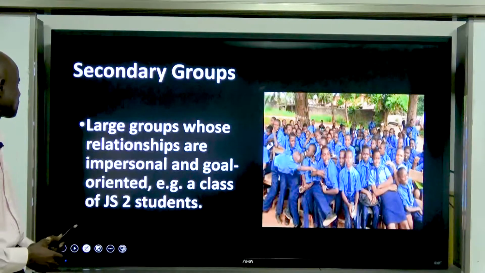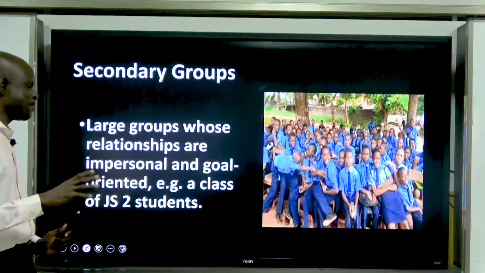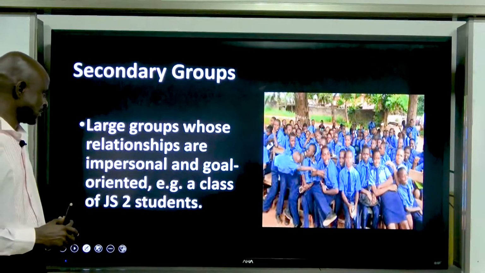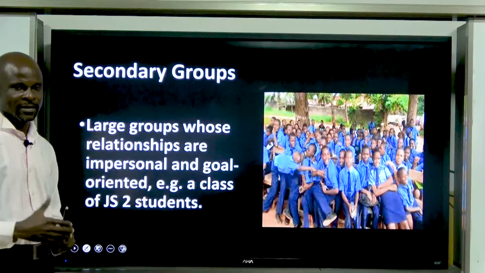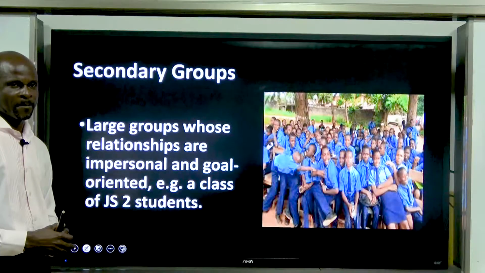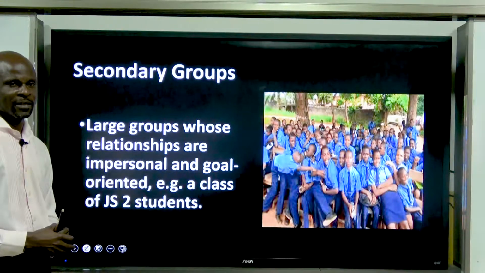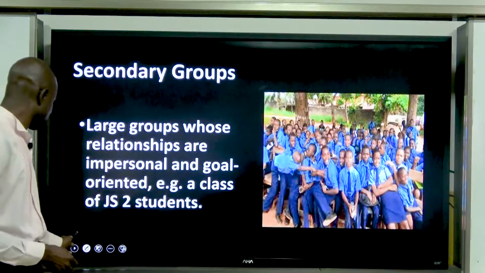Therefore, secondary groups are large groups whose relationships are impersonal and goal-oriented. Example is a class of JS students, like you have. In your JS class in your school, you are a secondary group.